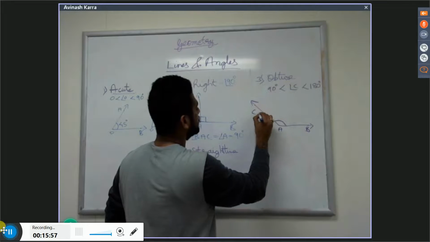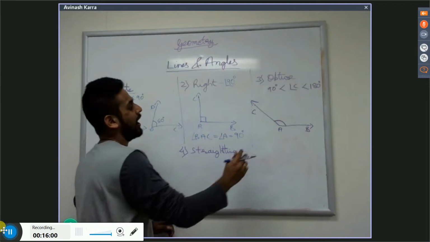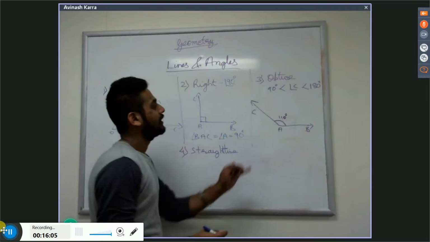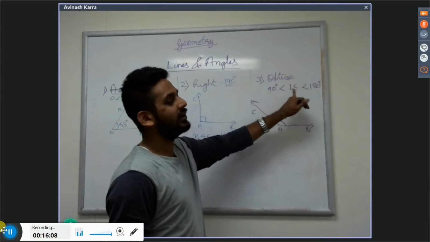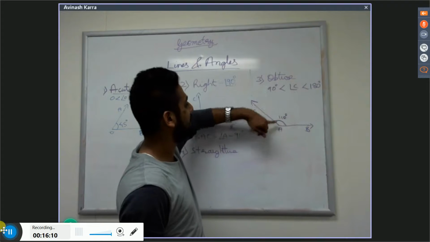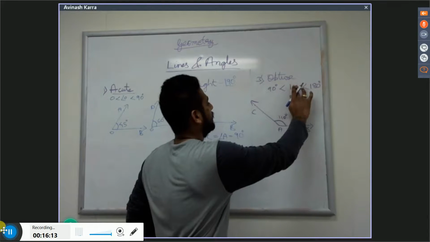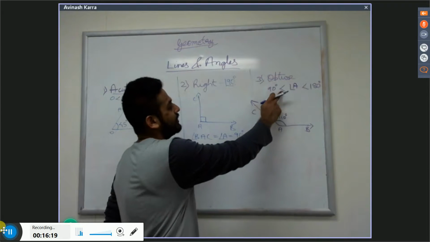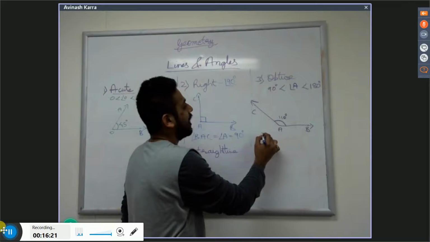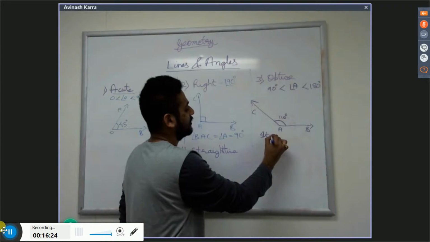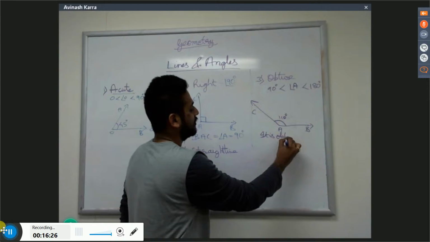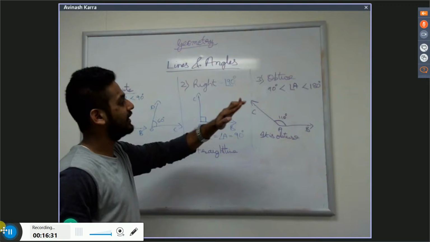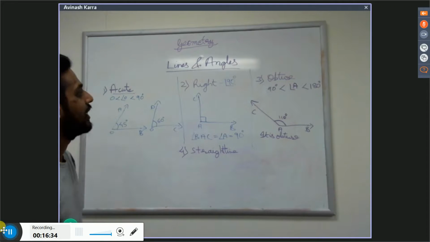For example, if angle BAC is 110 degrees, does it satisfy this equation or not? When it satisfies this equation, it is an obtuse angle, greater than 90 and less than 180.